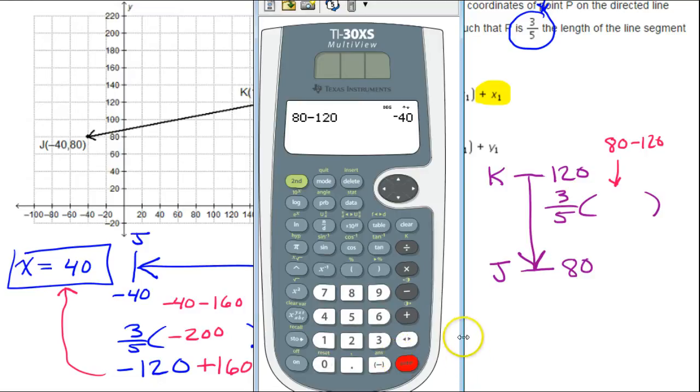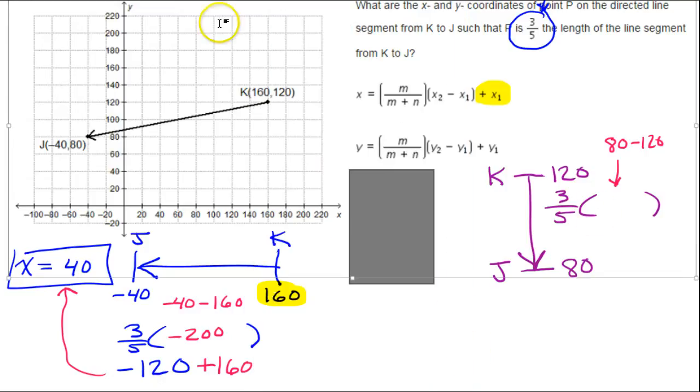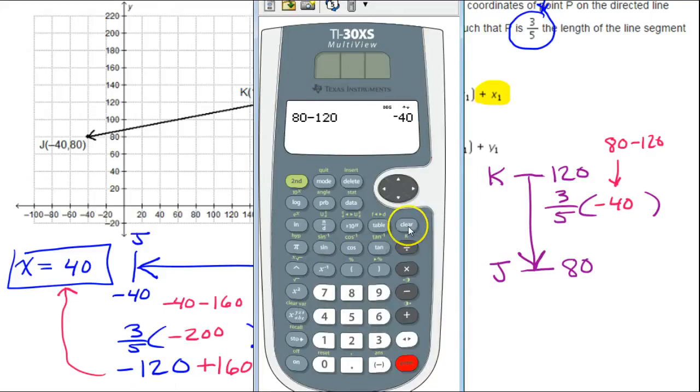That's going to be negative 40. Now I know that's going to be negative 24, but you might need a calculator. So 3/5 of negative 40. That's negative 24.